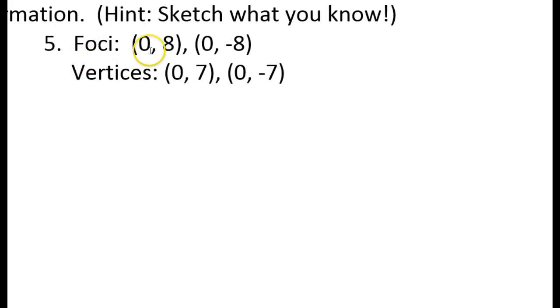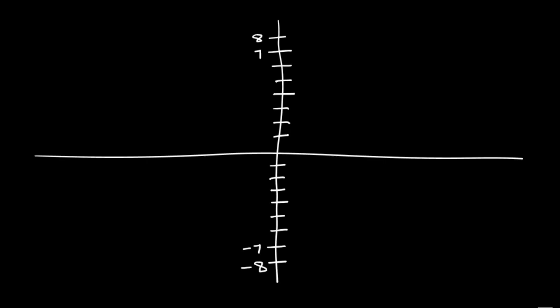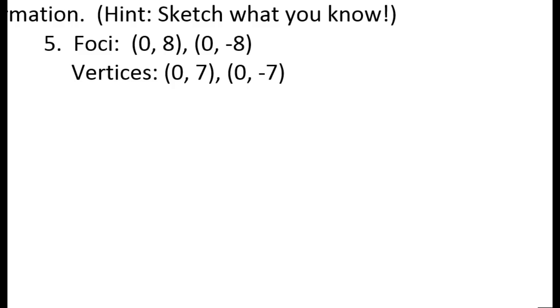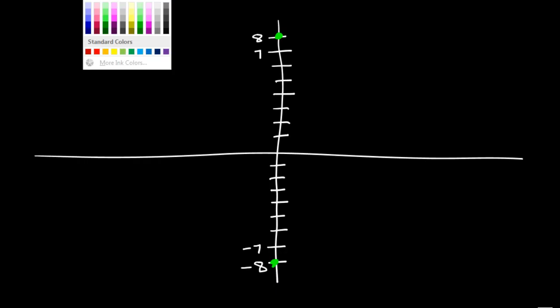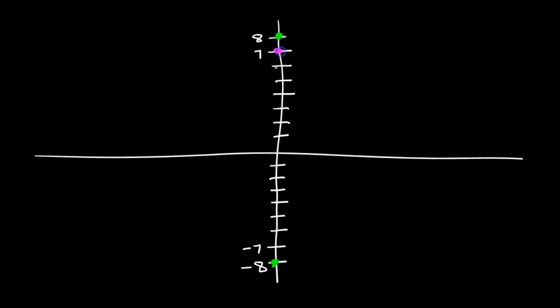For number 5, we are given that the foci are at 0, 8 and 0, negative 8. Let's sketch that. The vertices are at 0, 7 and 0, negative 7. Vertices here and here, which means we have a vertical hyperbola going like this.